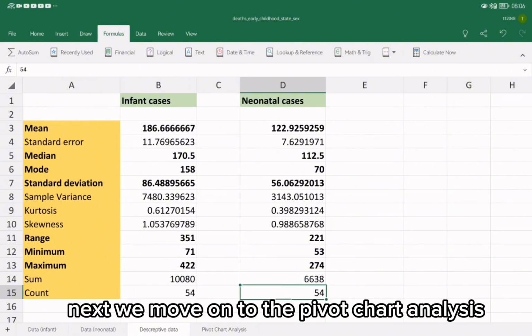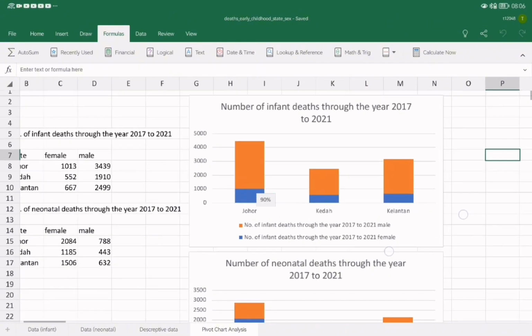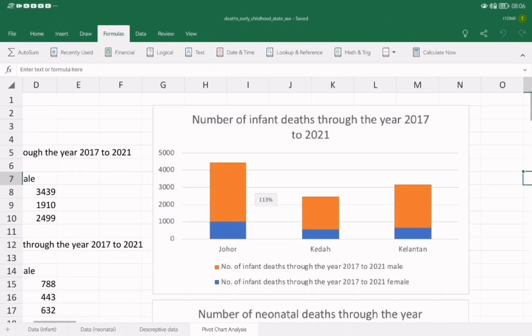Next we move on to the pivot chart analysis. This is the infant deaths through the year 2017 to 2021. The blue one is for female, and the male is the orange one.